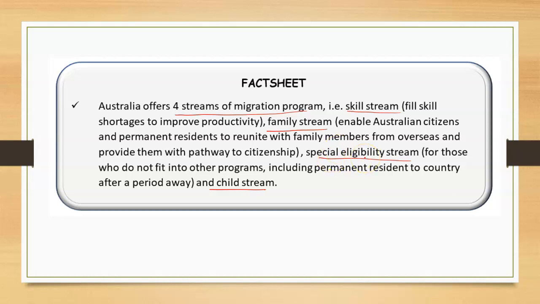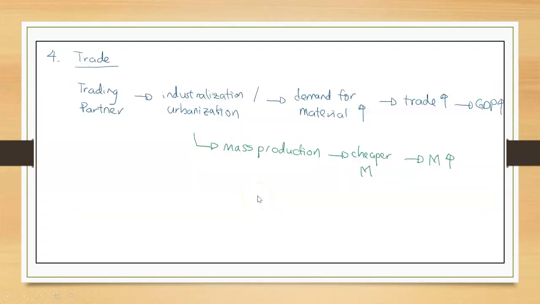Special eligibility stream, that will be another program that is put together if the applicant does not fulfill the requirements of other streams. And of course, child stream as well. So you see, they're making it a very friendly environment in terms of welcoming foreign workers.